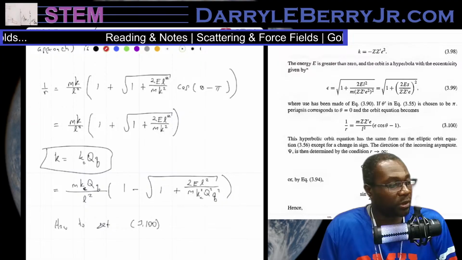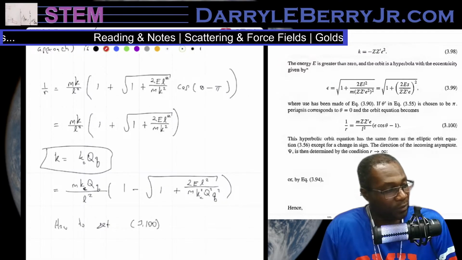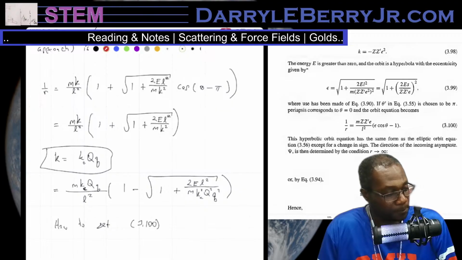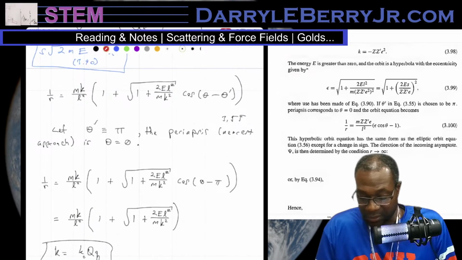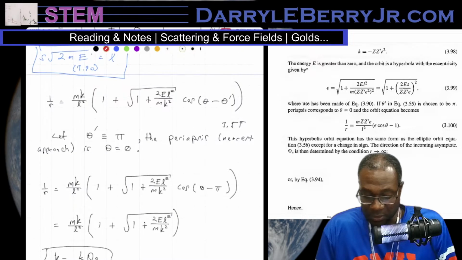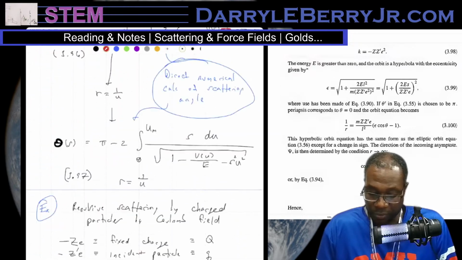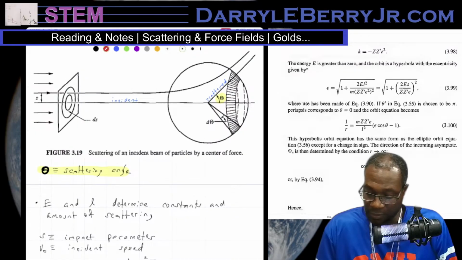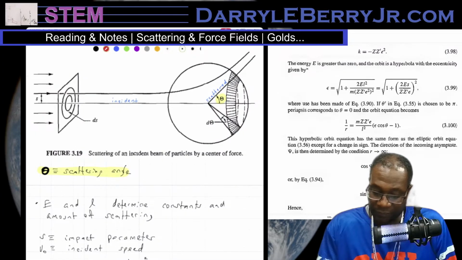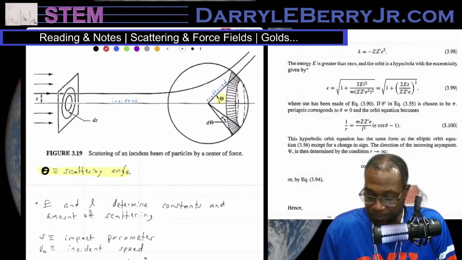You have one stationary charge and one charge that's being projected into the field of the stationary charge. And 1 over r is a way to get the angle of nearest approach. So going back to the drawing that we looked at yesterday, this is the angle of nearest approach that I have highlighted in yellow.